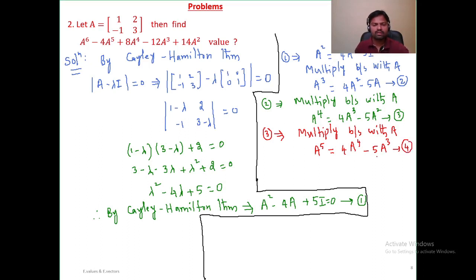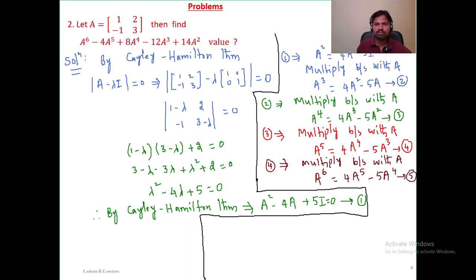Next, from 4, A to the power 6 I want to generate, so multiply both sides with A again. What will you get? A to the power 6 is equal to 4A to the power 5 minus 5A to the power 4. Assume this is number 5.